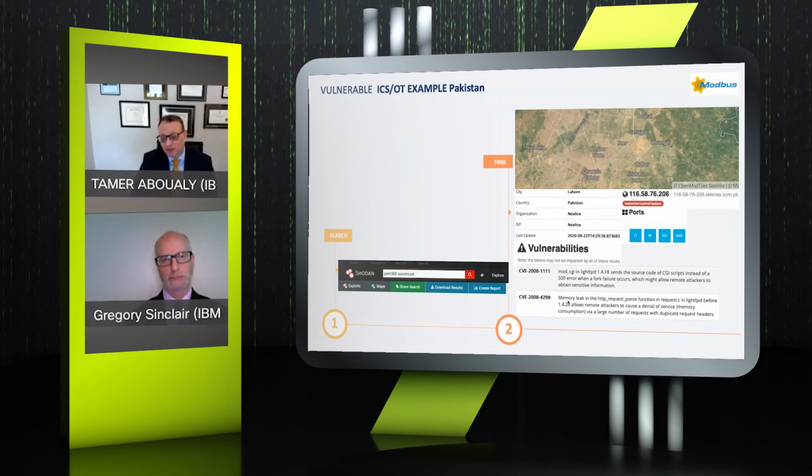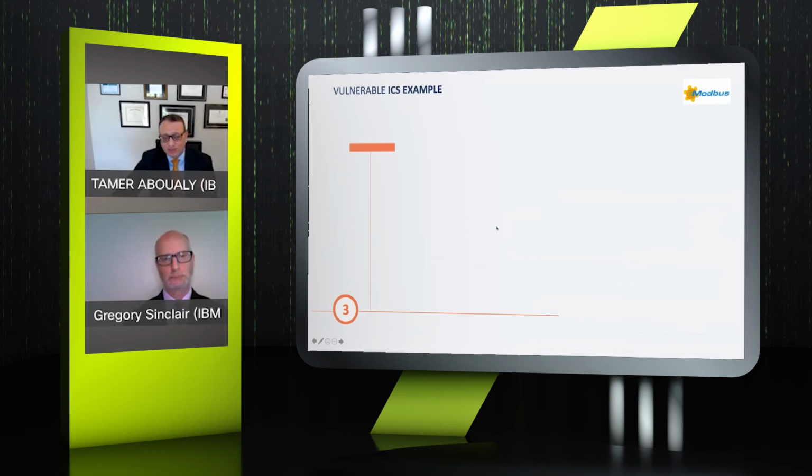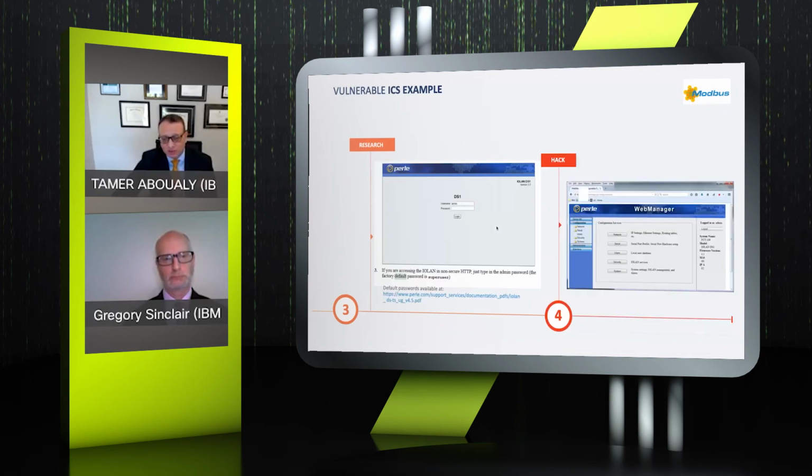It's a result of incorrect architecture. It's a result of changes in the environment. And it's also a result of a lack of visibility to understand what's happening in the OT environment. So it's quite easy to compromise that device using those vulnerabilities, but we don't even need to do that. You can take the specific fingerprint of the device, understand the model, and as we said, in God we trust, everything else we Google.